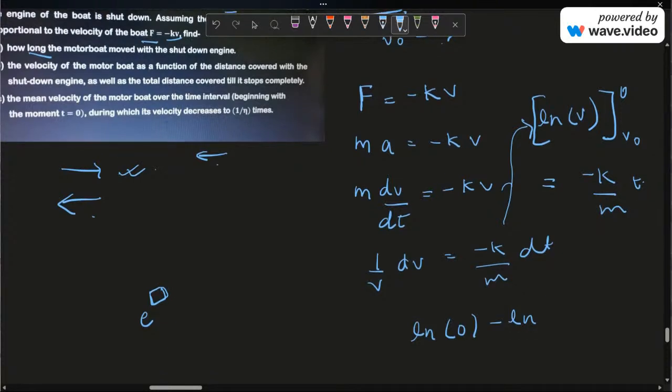That is minus k by m into t, and ln 0. So ln 0 will be undefined. So somehow the answer is turning out to be infinity, because the boat was going not upstream but downstream. So there is a problem.